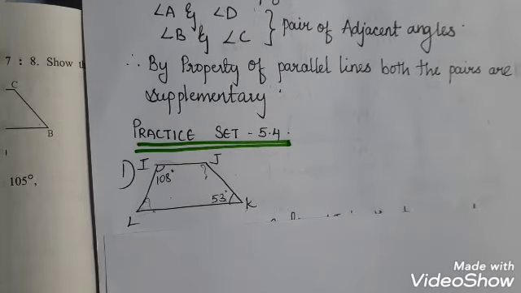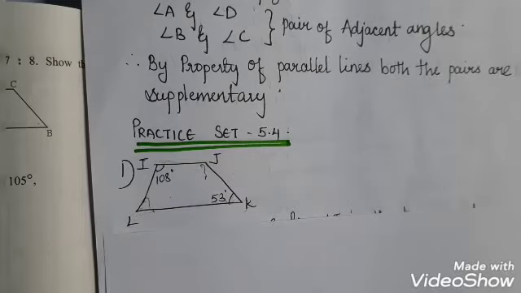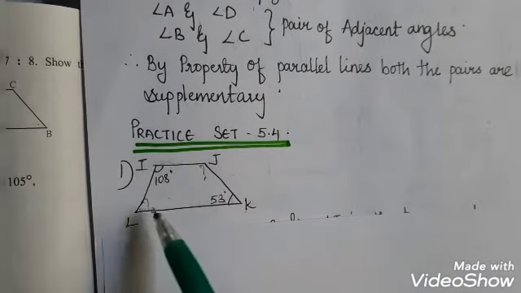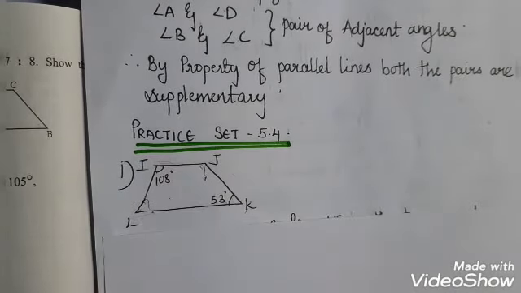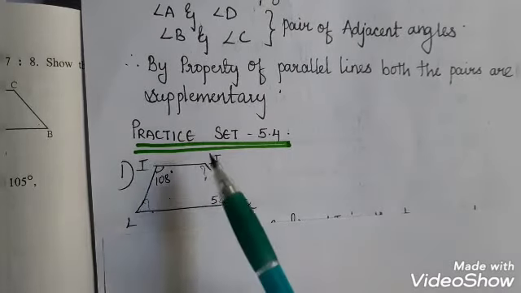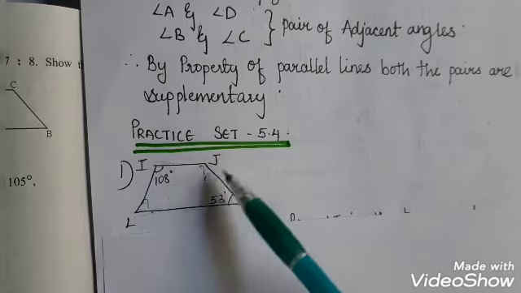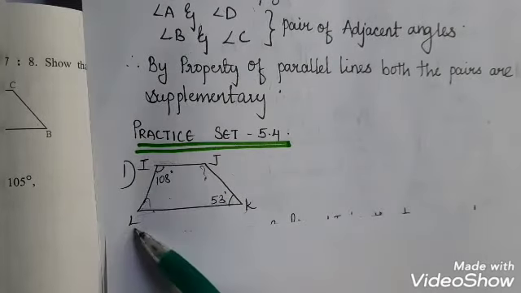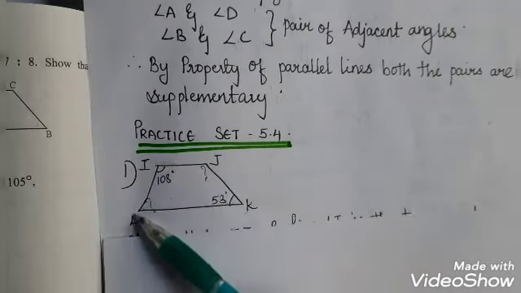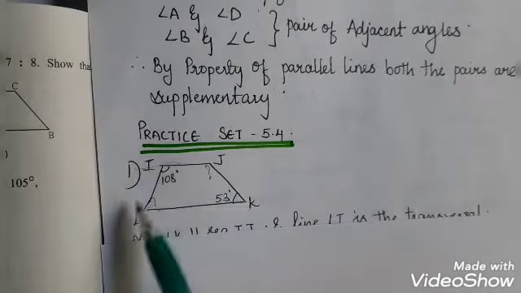Now side LK and side IJ are parallel, that is already given to us. So if side LK and side IJ are parallel, then I can say that line LI is a transversal for these two parallel lines.